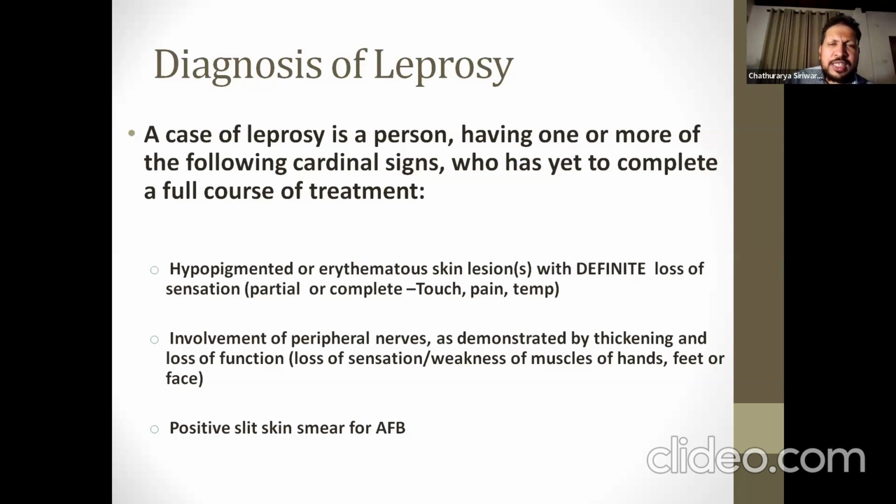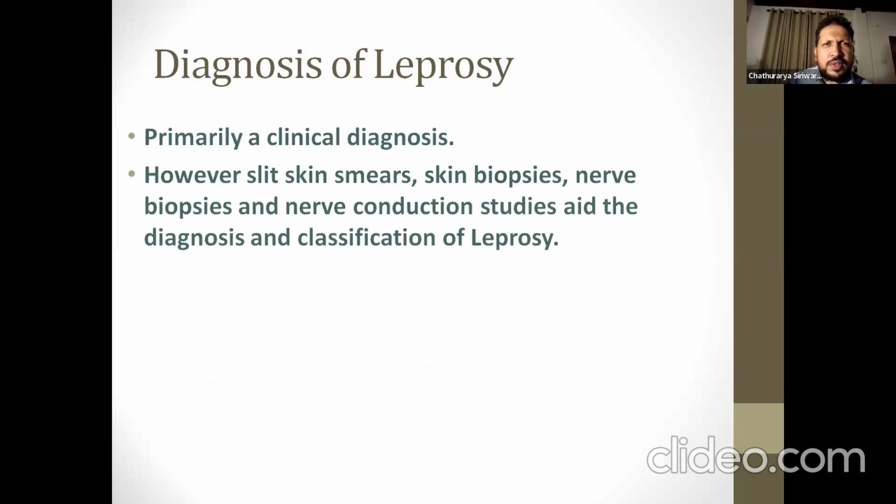Also, they might just come with thickened peripheral nerves, or they might have positive slit skin smears for acid-fast bacilli. So these are the confirmatory features. As I said, it's primarily a clinical diagnosis, but as adjuncts we use slit skin smears, skin biopsies, and nerve conduction studies, which may help.